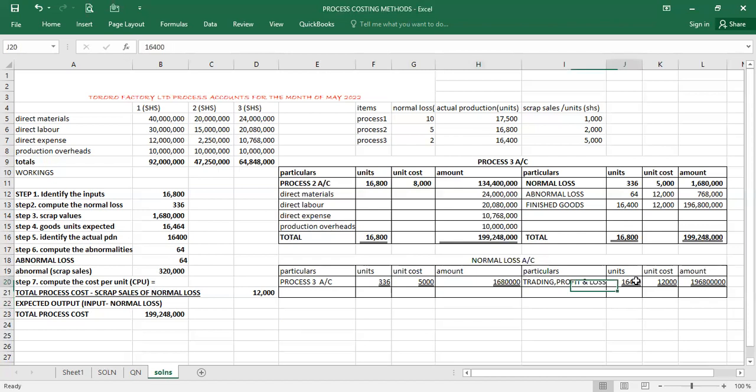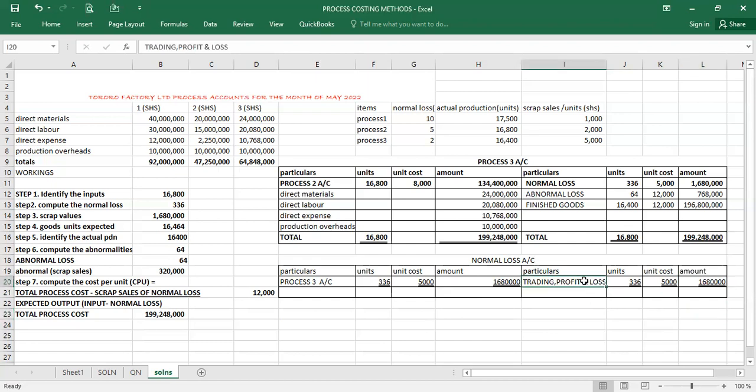But I'm just using this one because they are the ones which are available. This is 336. And this is 5,000. And the last one is giving me 1,680,000. So that's how you close it off.